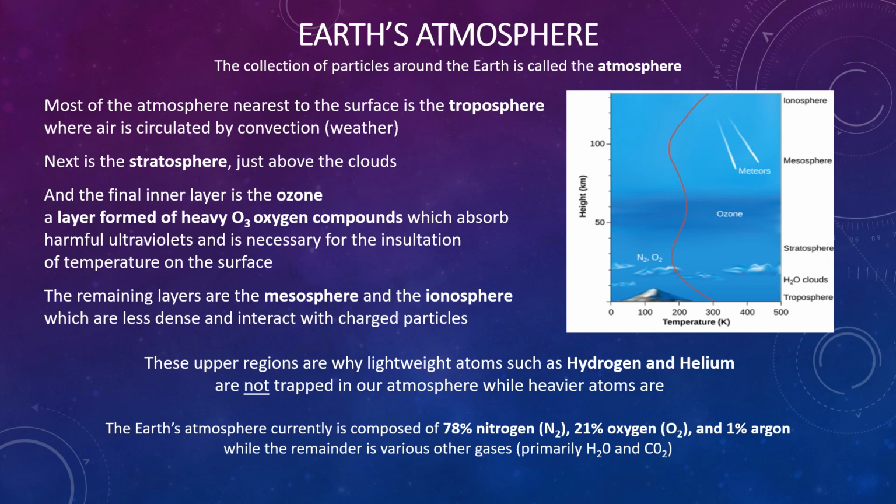And they are also where the lighter elements are present, whereas the heavier elements are much closer down to the bottom. So the Earth's atmosphere is composed primarily of nitrogen, oxygen, and a little bit of argon, with a few other gases in there, primarily water vapor and carbon dioxide.